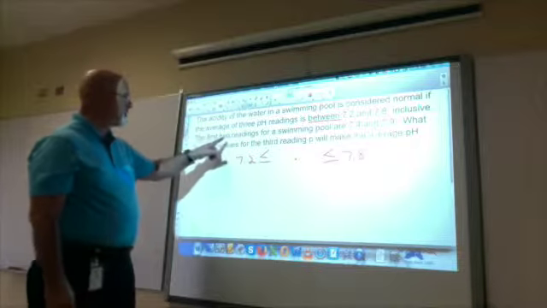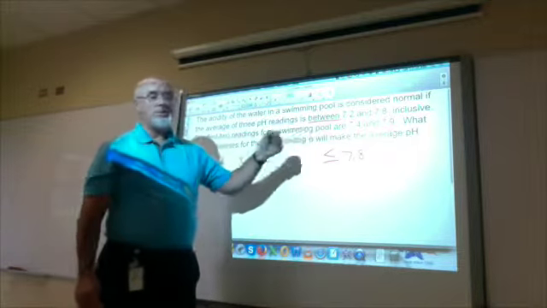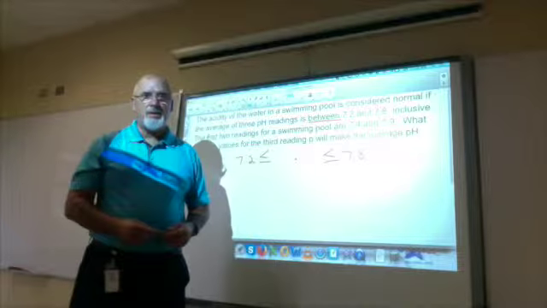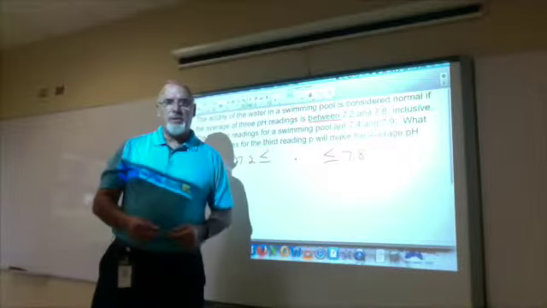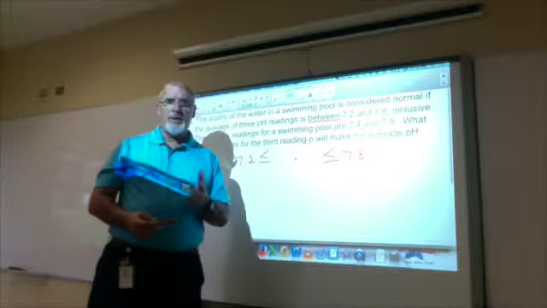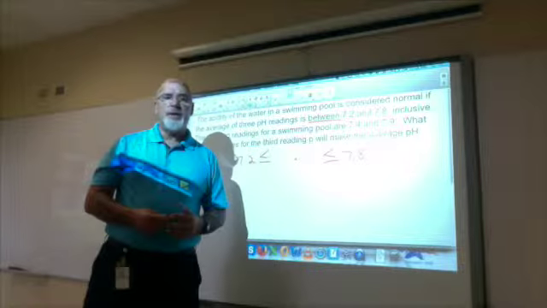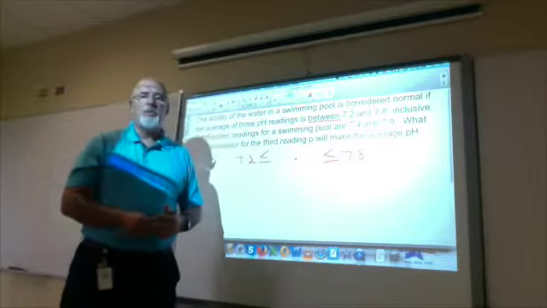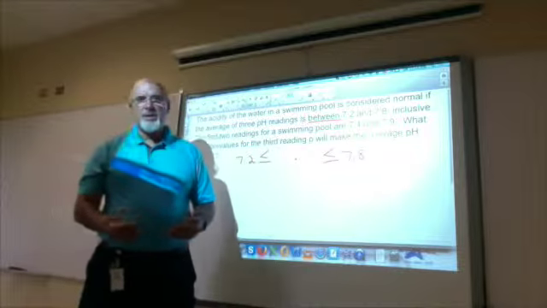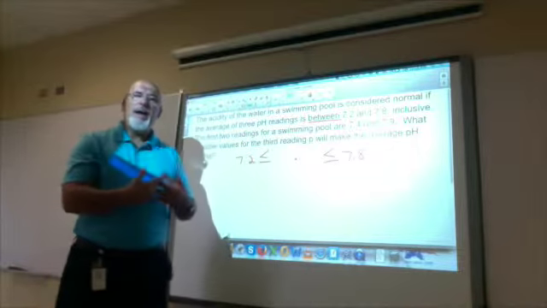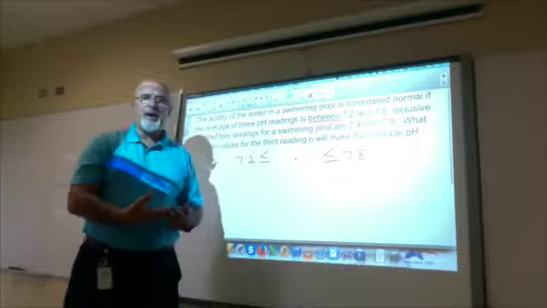Okay, it says the first two readings for a swimming pool are 7.4 and 7.9. What possible values for the third reading, P, will make the average pH normal? So we're looking for an average. Now how do you find an average? Typically you add things up and then divide by the number of items.